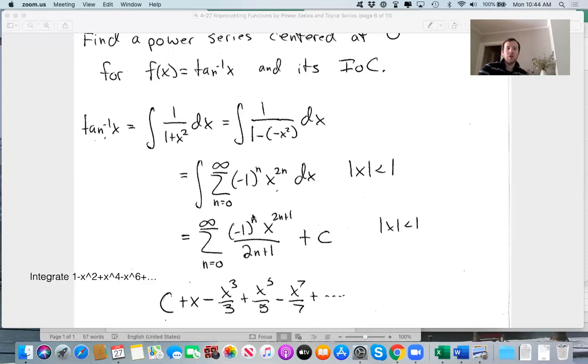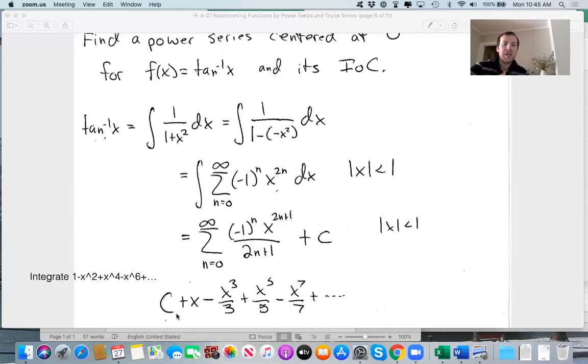If n is 1, we have a negative x to the 3 divided by 3. If we put in 2, we're positive again, x to the 5th divided by 5, and so on. Plus the c, which we'll write in the front.